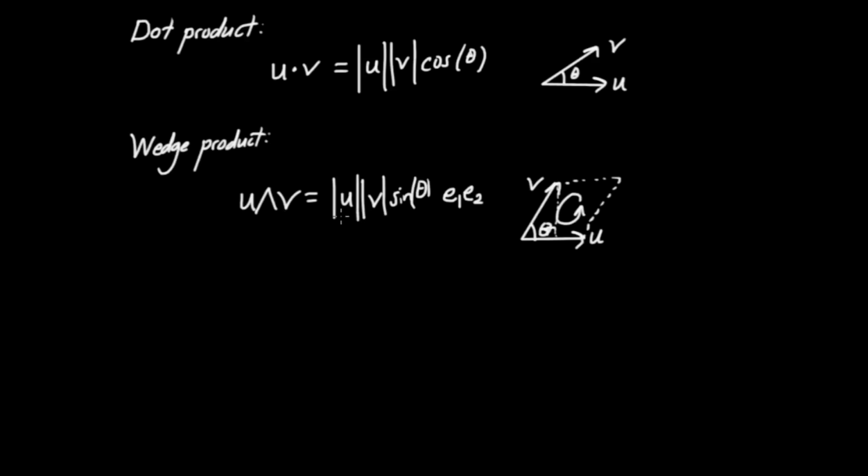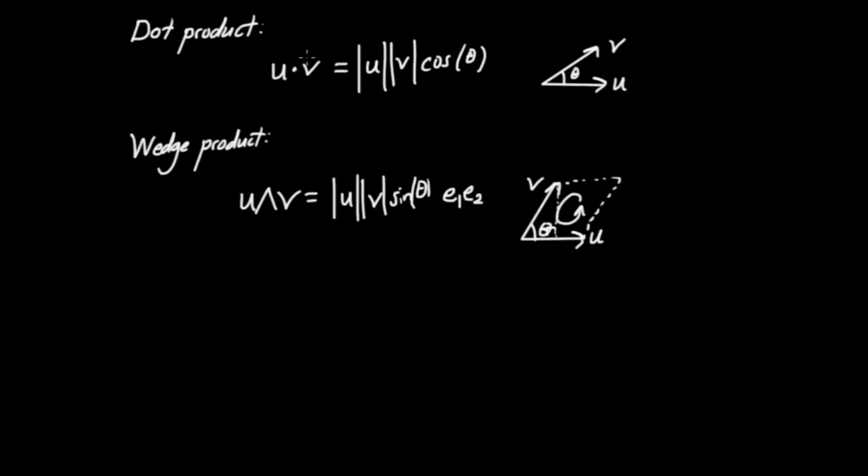It's going to be this scalar multiple, which is length of u times length of v times sine theta, times the basis bivector E1 E2. And notice this is quite similar to the cross product, where instead of E1 E2, you would have some unit normal given by the right-hand rule, but the scalar multiple out in front is going to have something to do with the area of the parallelogram formed by u and v. So quite similar to the cross product.